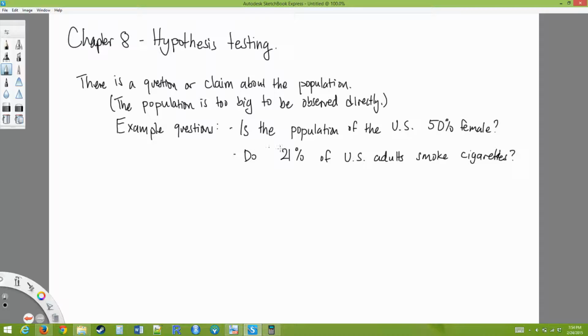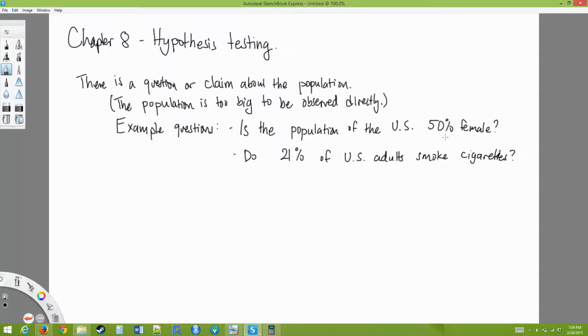Okay, now notice that in these questions there's a value. We're asking, is the population 50% female, or do 21% of U.S. adults smoke cigarettes? The question we're asking isn't what percentage of adults smoke cigarettes or what percentage of the population is female.